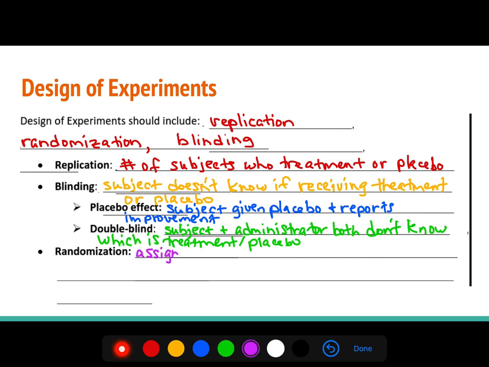And randomization, as you can imagine, is where you assign your subjects to different groups through some kind of random selection.